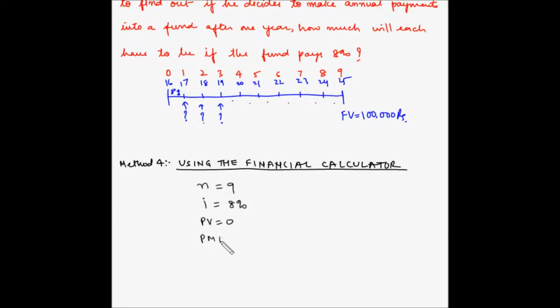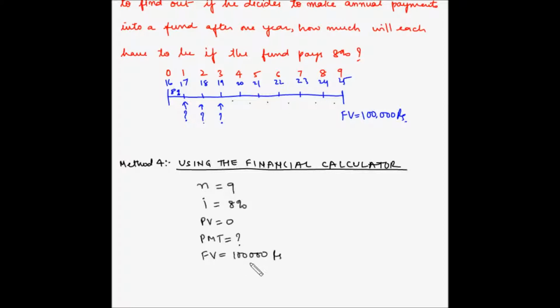Next is payments, which is basically the annuity amount, which we want to find out. Next is the future value, which in our case is 100,000 rupees. So let's make sure that this sign is correct. So the future value is an inflow into our pocket, so this should be positive, so this is correct.